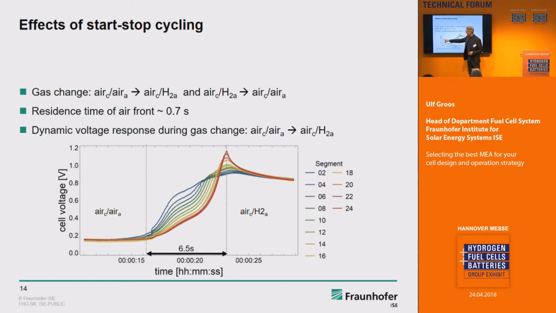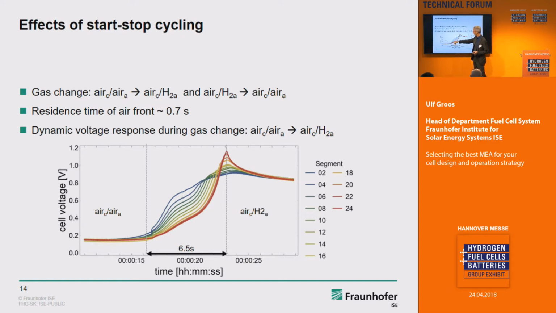What you see here is the development of the cell voltage over time, and the different colors reflect the segments. You see here in blue the inlet segment, and then in red the outlet segment. Here is the air situation. This is the phase of 6.5 seconds, the change where the hydrogen-air front runs through the cell, and then we have the typical operation mode.